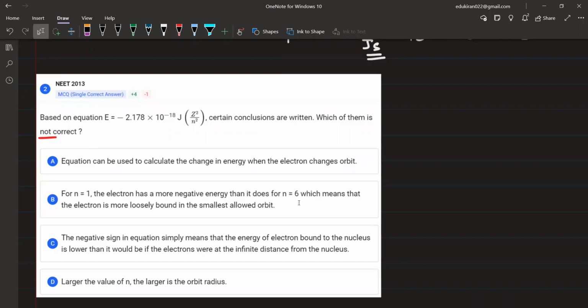That is correct. Very good, Sunit. Which one of them is not correct? Which one of them is not correct?